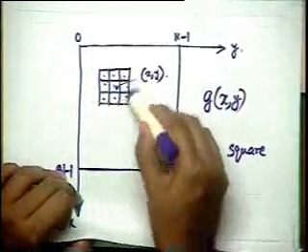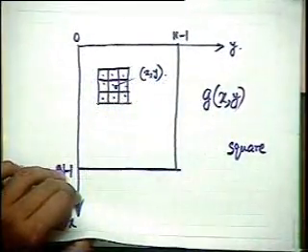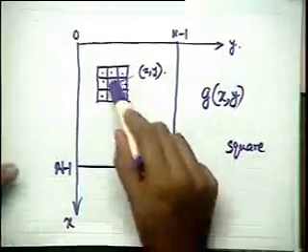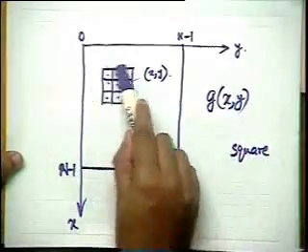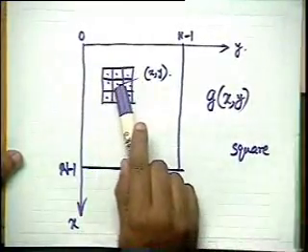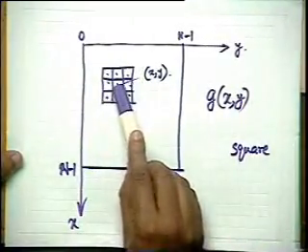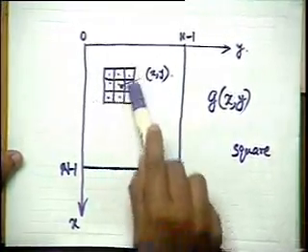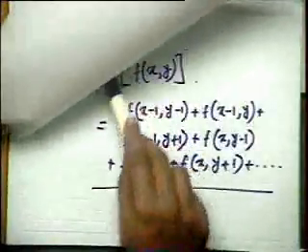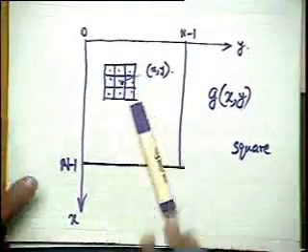You are doing the averaging only on a local sub-image, defined centered around (x, y). So in order to determine the intensity value for the processed image g of (x, y), you apply this sub-image with (x, y) as the center, and after doing the operation specified in the function T, you determine g of (x, y).